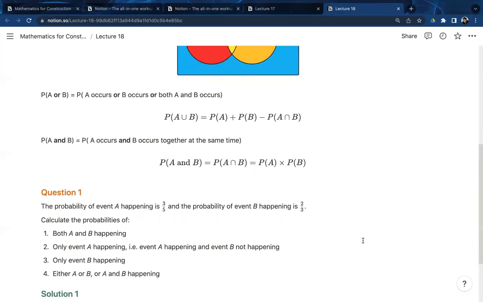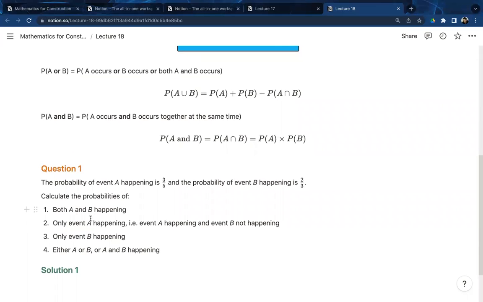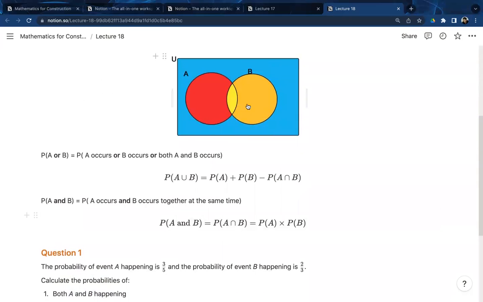So this first probability here is both A and B happening. This is the intersection. This is the yellow stuff here. So it means you have to multiply the probabilities. Generally, you have to multiply them.